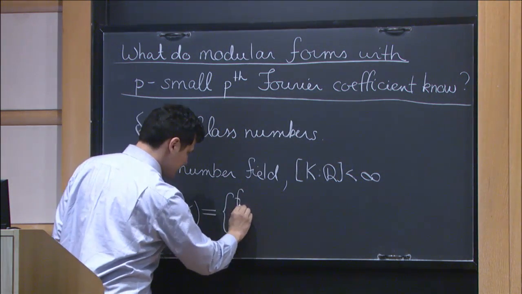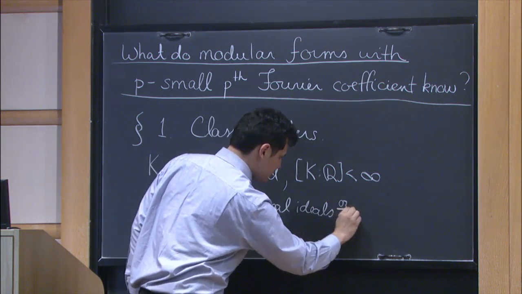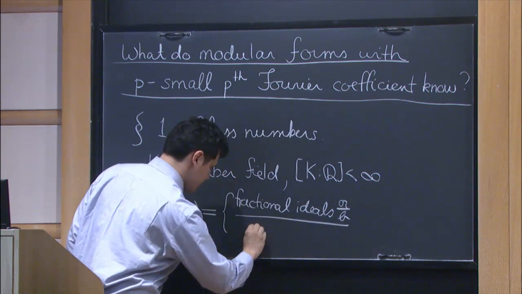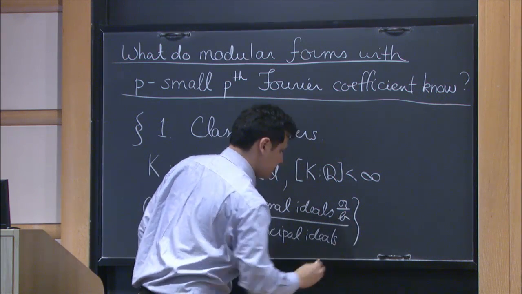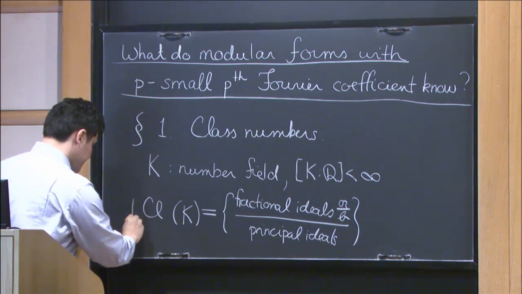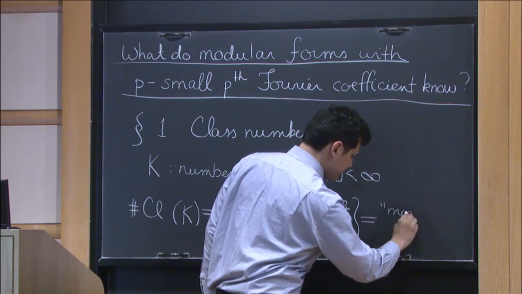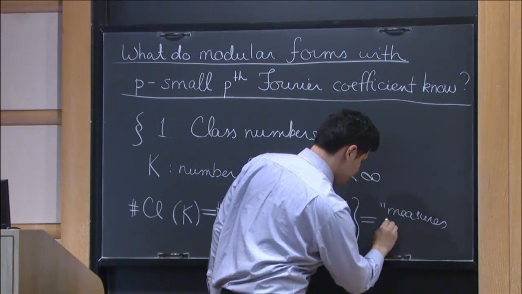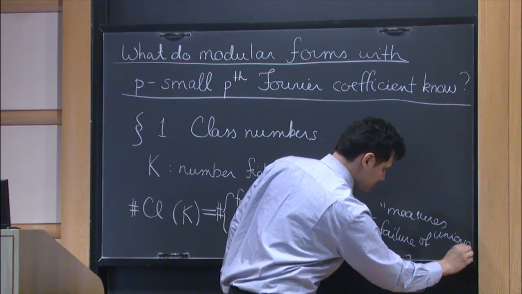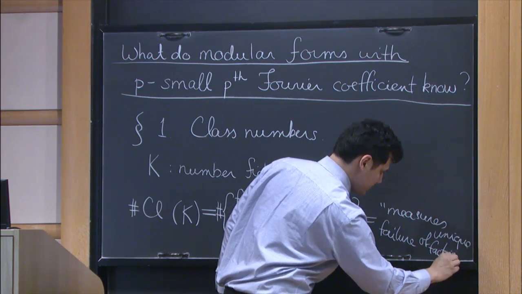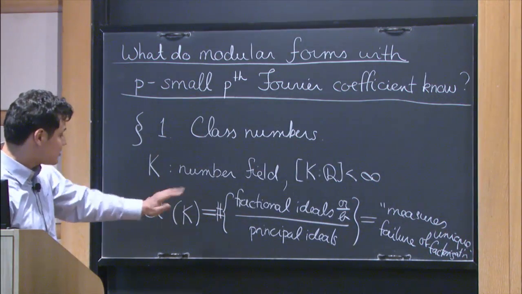So that's the group of fractional ideals modulo the principal ideals. And the size of this measures how far you are from unique factorization. It is something we would like to understand. So just the number, not necessarily the group.